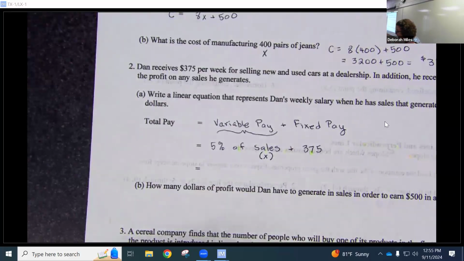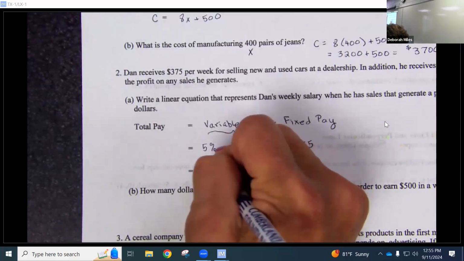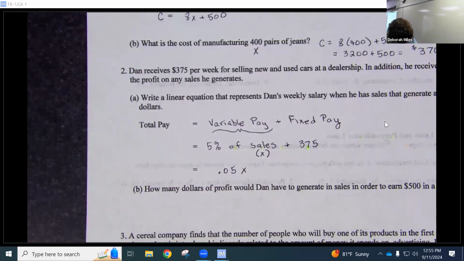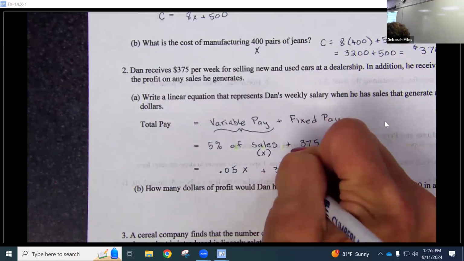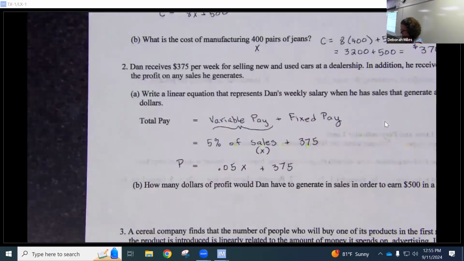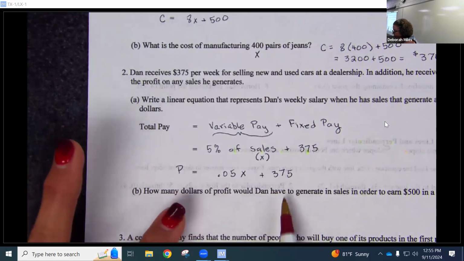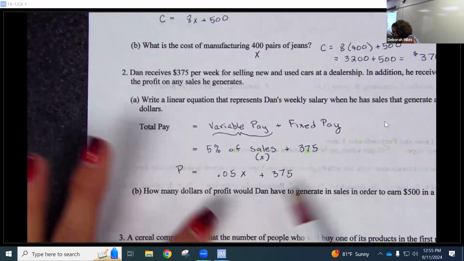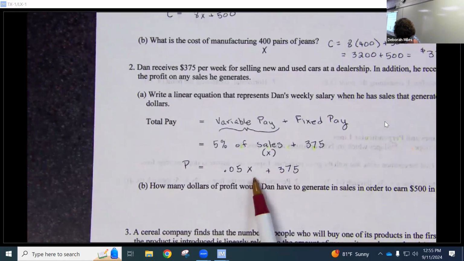Yeah, you change that percent to a decimal, 0.05, and then multiply 0.05 times X plus his fixed pay. So it looks very much like our previous problem, the cost equation. Instead of cost, this is pay, but I was still given a point and a slope.